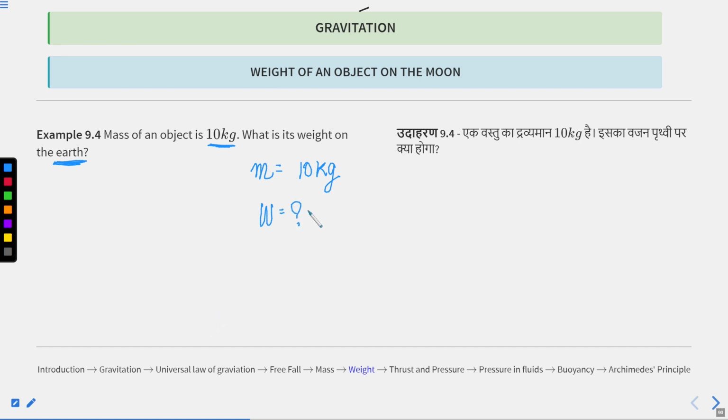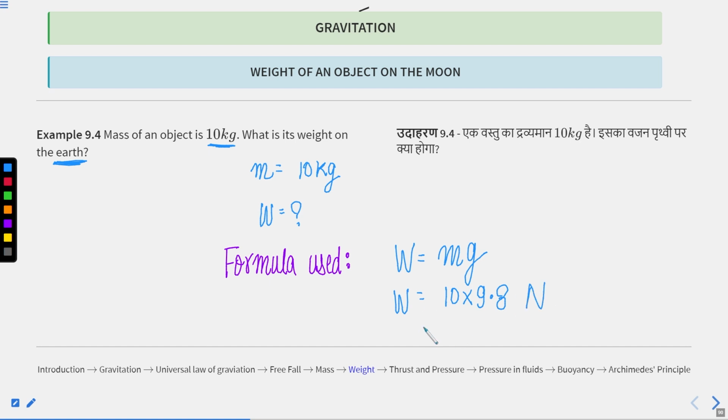How are you going to calculate it? What is the formula used? So weight is equal to mass into gravitational acceleration due to earth. Mass is 10 kg and the value of gravitational acceleration is 9.8 meter per second square, and weight is in Newton. So the final answer will be 98 Newton.